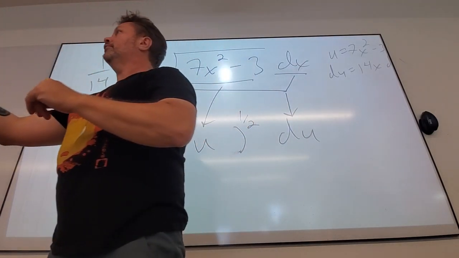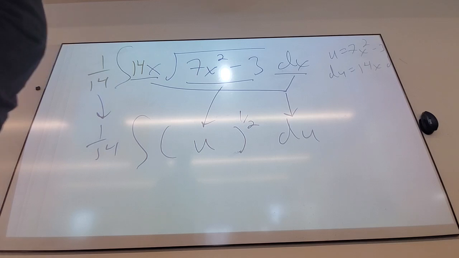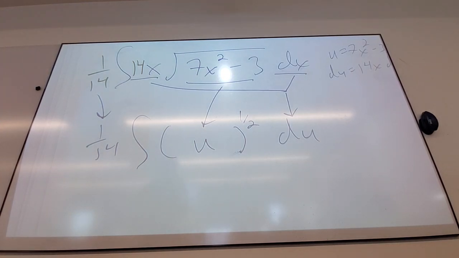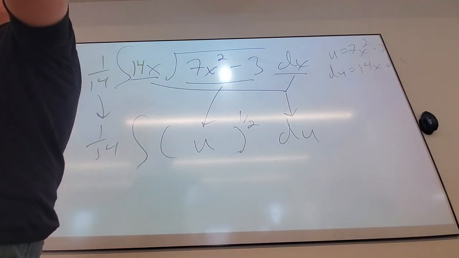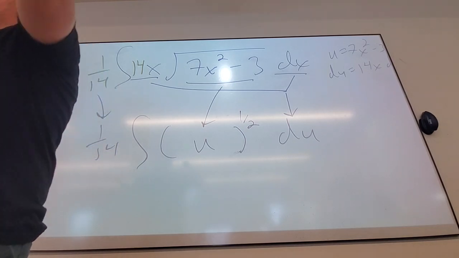Either I chose the wrong thing or it's an impossible problem. Off the top of my head, I don't think they gave you any that are impossible. But do you see that? If I'm missing a variable, I am screwed. Because what am I not allowed to take in and out of an integral? The variable. Numbers can go in and out all they want to.